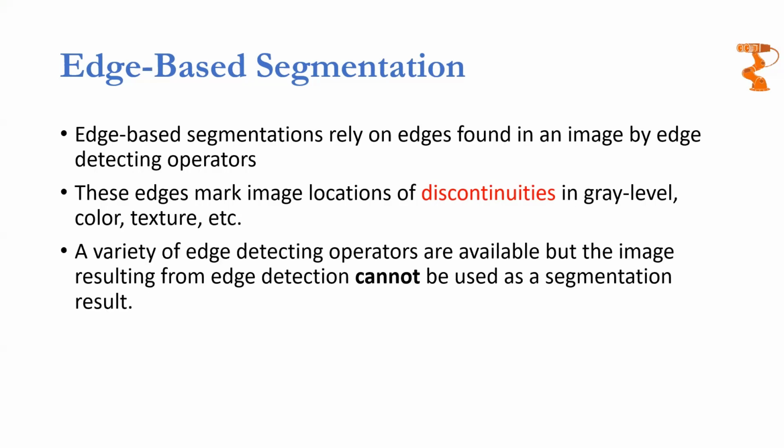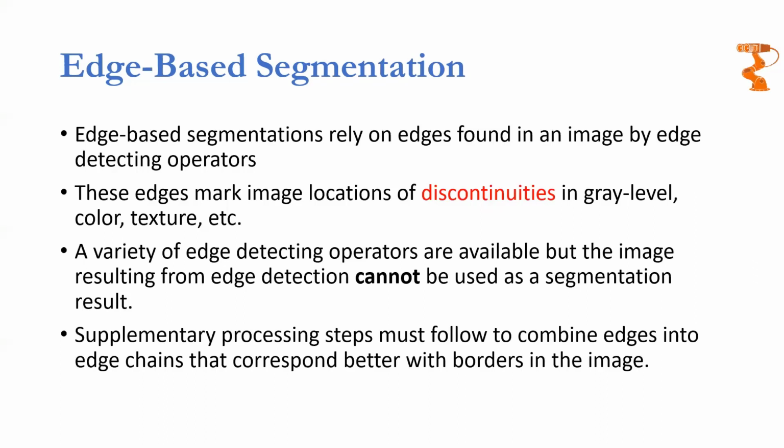Edge detecting operators cannot directly give you a segmented output. They will provide you edges, they can detect edges, but you have to do something else to find a segmentation output.